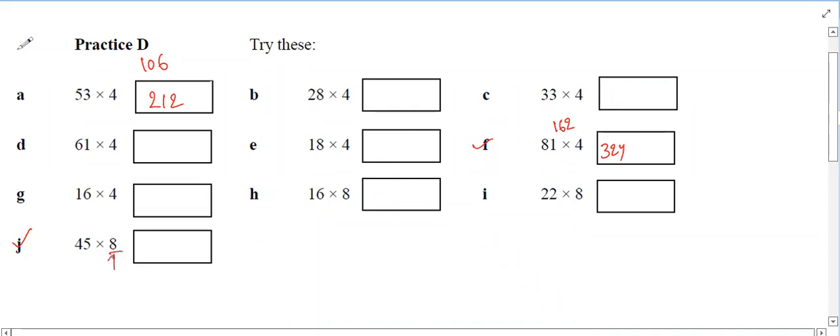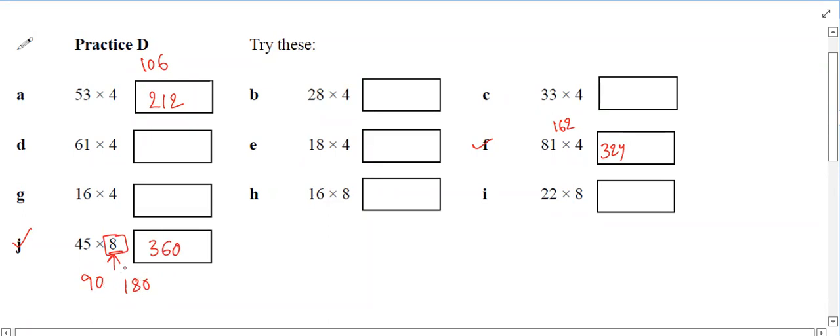As of now, use the doubling technique. 45 double is 90. 90 double is 180. Then 180 double is 360. That's your answer. Into 8 is nothing but doubling a number 3 times.